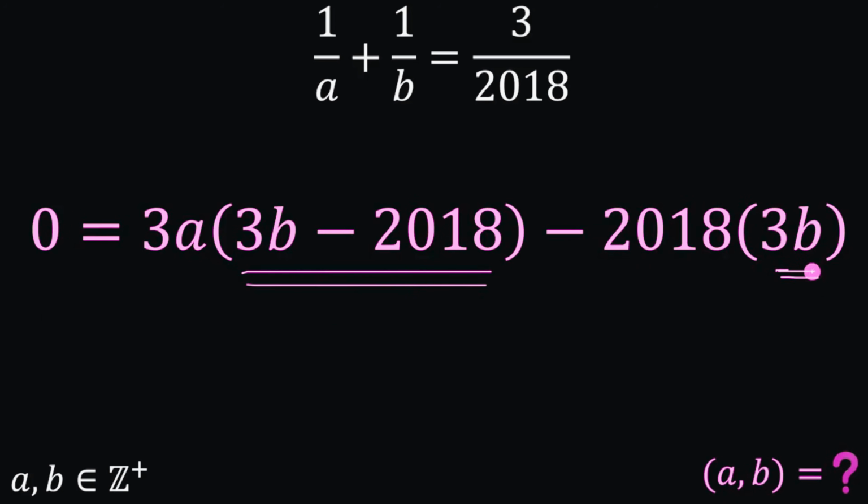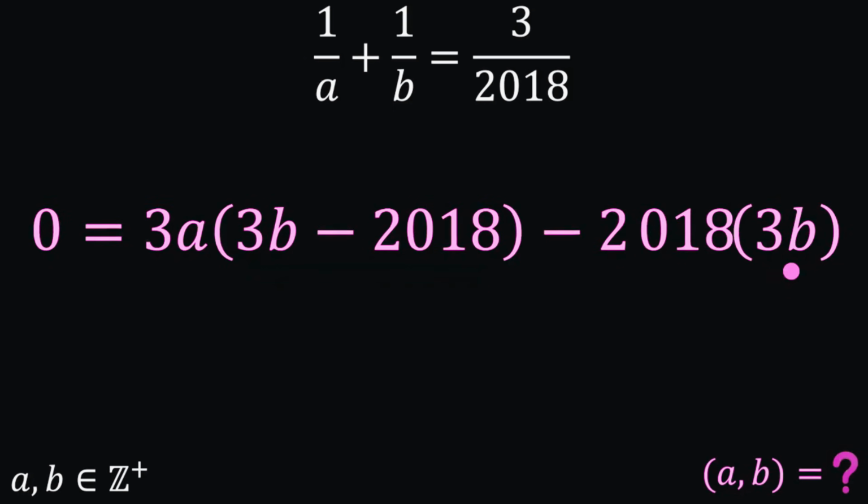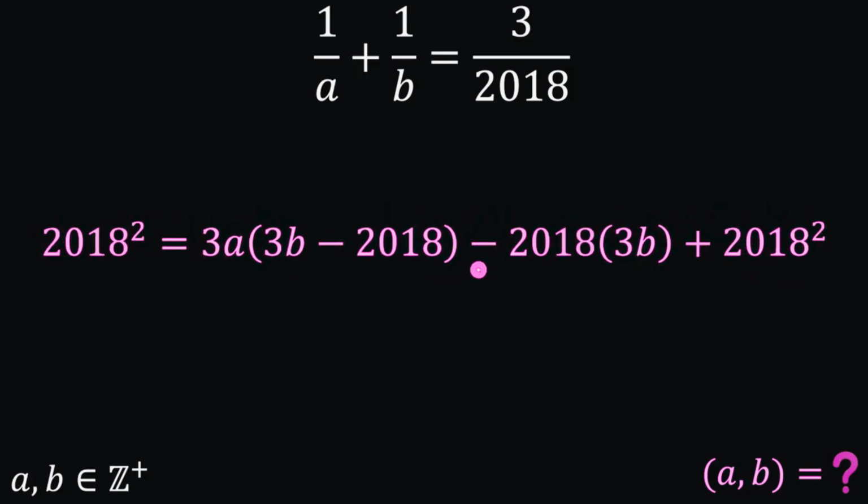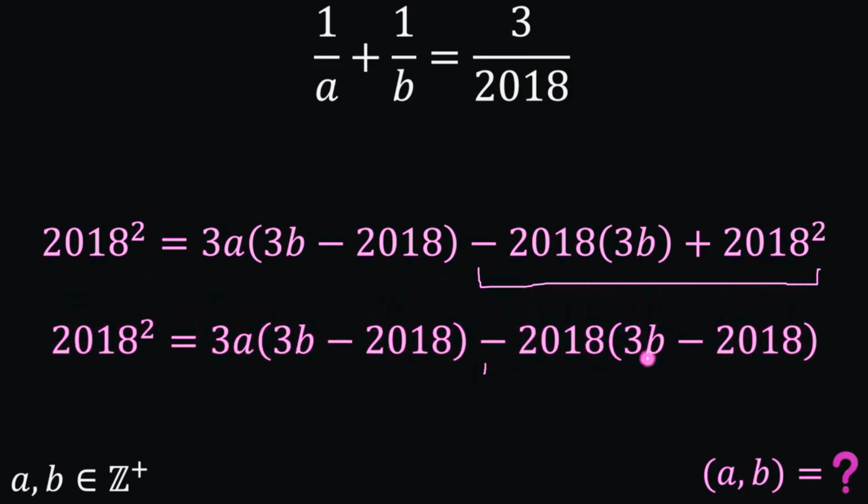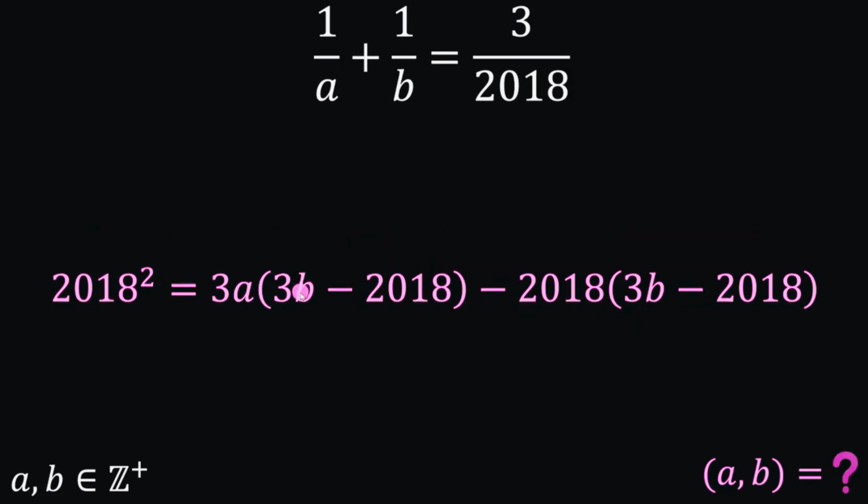So, we need to have negative 2018. And in order to do that, we need to add 2018 squared on both sides. Because if we factor out negative 2018 in these two terms, we get negative 2018 multiplied by 3b minus 2018, which is the same thing as this factor. So let's focus on this result.